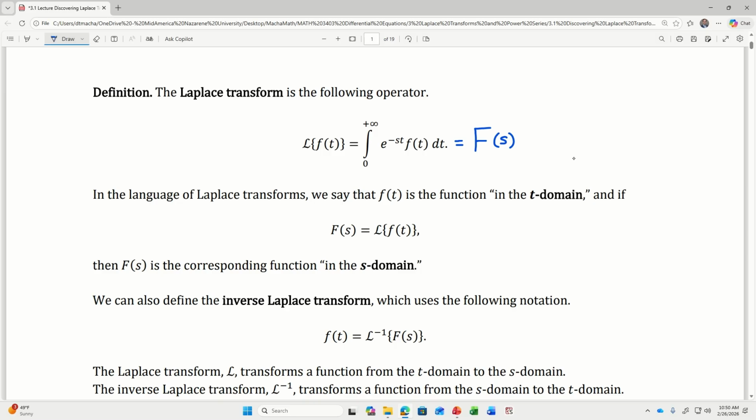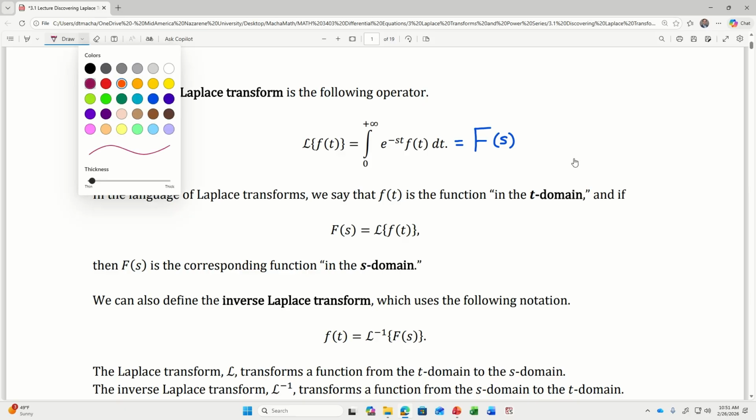Instead, this is going to be a function of a variable s. So we would say that the lowercase f of t is the function in the t domain, because we've got t variables. And after taking the Laplace transform, the capital F of s is the corresponding function in the s domain.